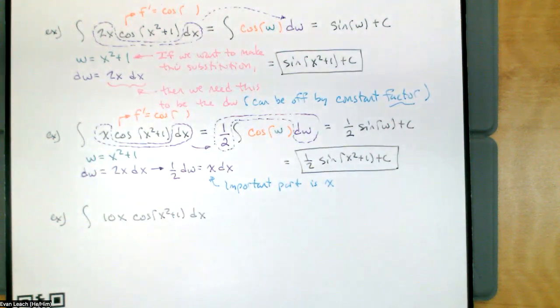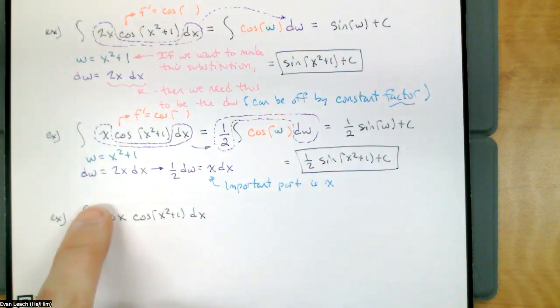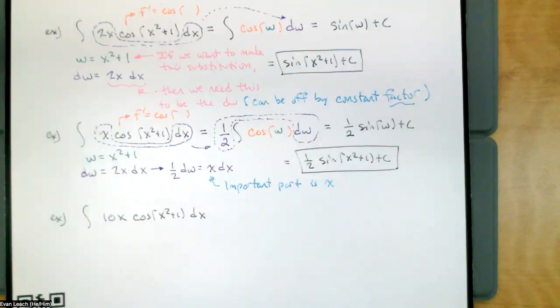The idea of looking for this stuff is that we want to be proficient enough that we don't have to run through the process. We want to look at this integral, recognize that the 10 doesn't matter, that this is going to be a substitution, and this is going to be a 1/2 sine of x squared plus 1. Then we'll just multiply by 10. So 5 sine of x squared plus 1. The goal is to write down 5 sine of x squared plus 1 plus c and nothing else.